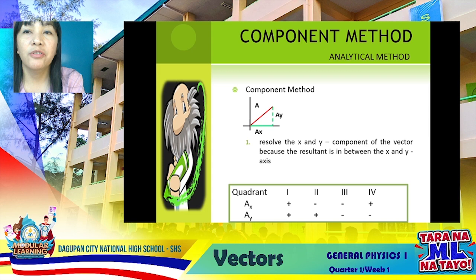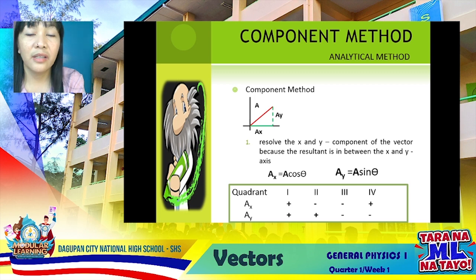Some components may be positive and some may be negative, depending on how the vector is oriented. That is, what quadrant theta lies in. You apply the signs of x and y axis in the coordinate system, as shown below.